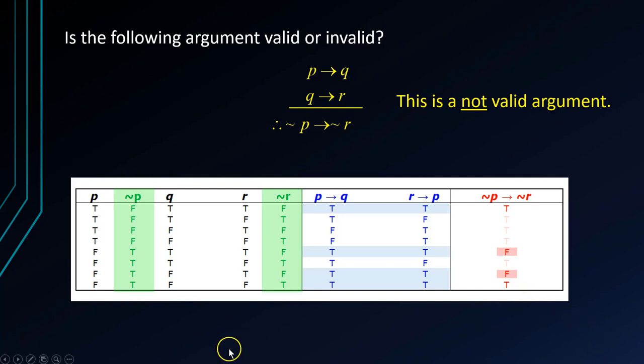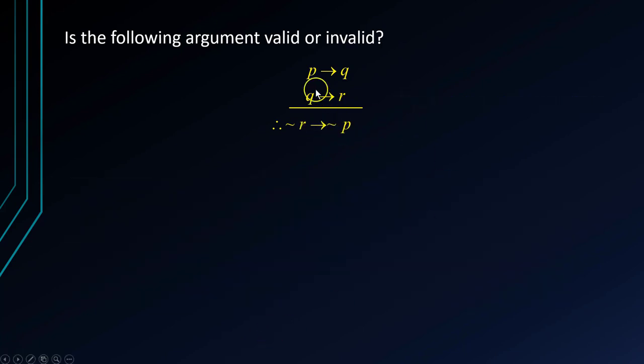On the other hand, if I reverse this a little bit and say, okay, if P implies Q and Q implies R, then if R doesn't happen, that implies that P didn't happen. Is this a valid argument? This is an argument which is very similar to, well, it's not one of the laws directly.